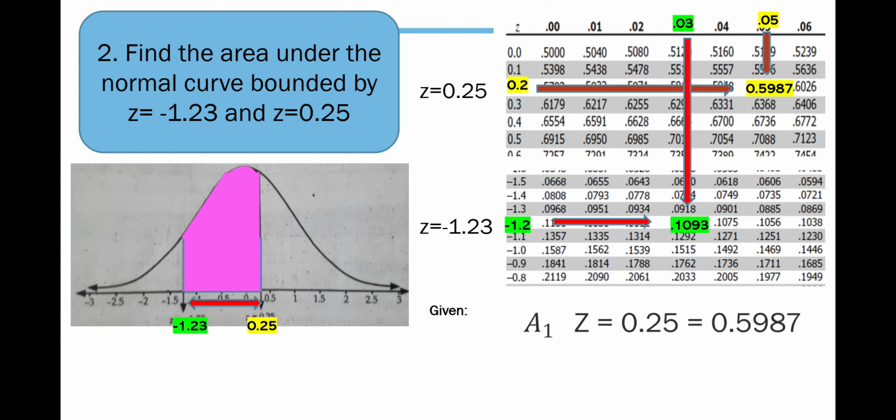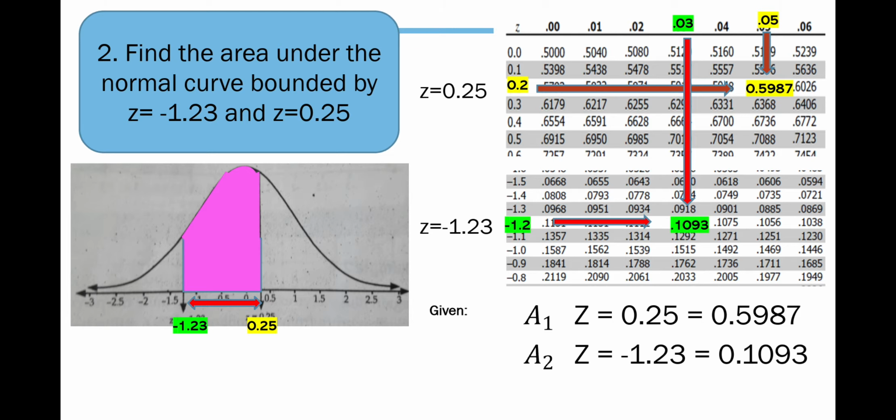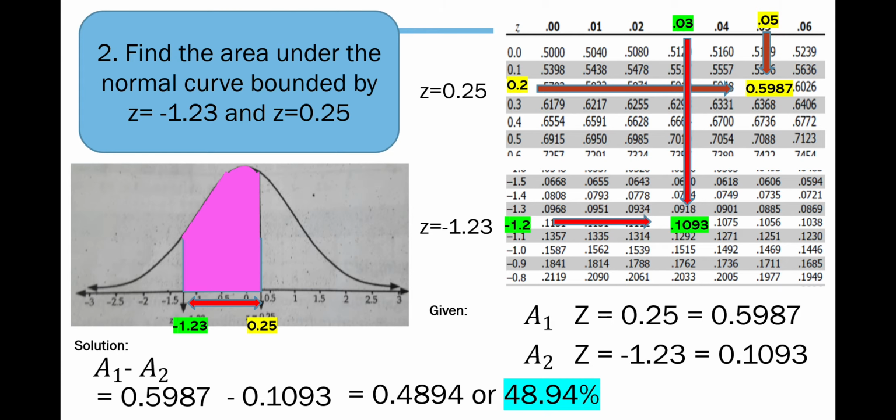Given now that the area of z equal to 0.25 is 0.5987 and the area of z equal to negative 1.23 is 0.1093, since we're going to find the area between negative 1.23 and 0.25, we subtract the two: 0.5987 less 0.1093, which is equal to 0.4894, or 48.94%.